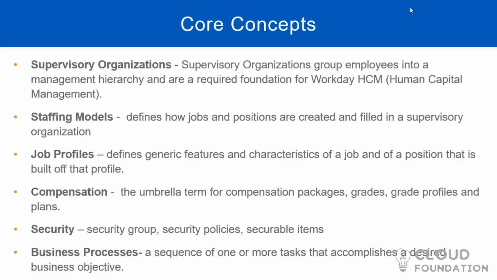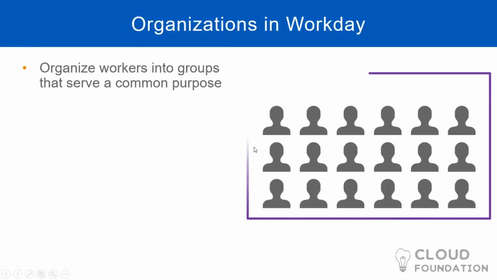All right. So now let's move over to organizations. The main purpose of organizations is to organize workers into groups that serve a common purpose. Like I said, if it is a manufacturing organization, you can have departments based on, say, machining, finishing, and maybe HR, research and development, sales and marketing, and maybe executive management, shipping, distribution.